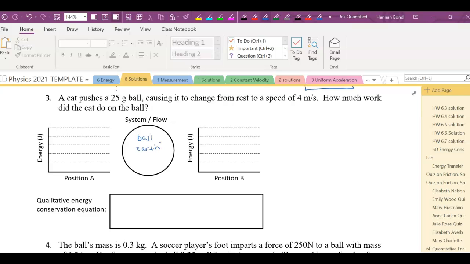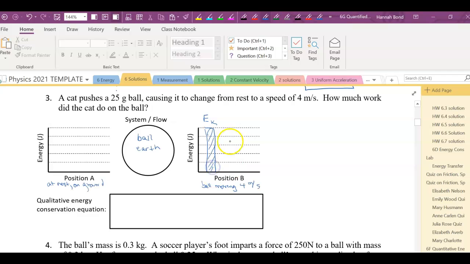So initially, the ball is at rest on the ground. And at position B, the ball is moving at 4 meters per second. It's still on the ground. So initially there is no energy in this ball, but at the end there is kinetic energy because it is moving.